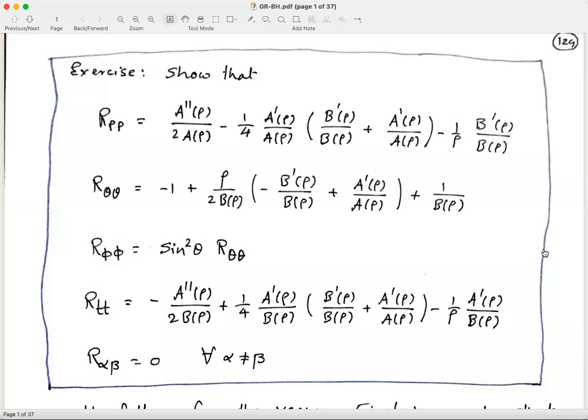So we just had to determine two functions, which was GTT component, which was written as A of rho, and GRR component, which was written as B of rho.